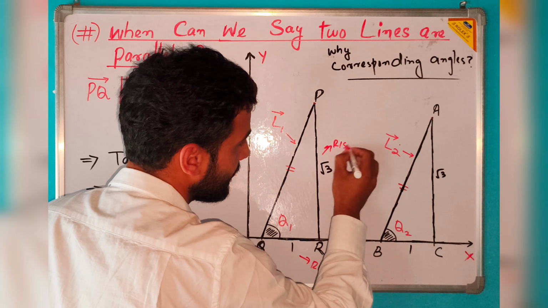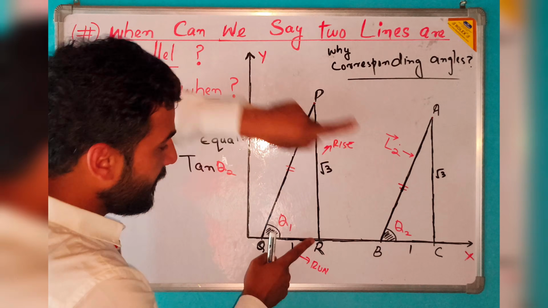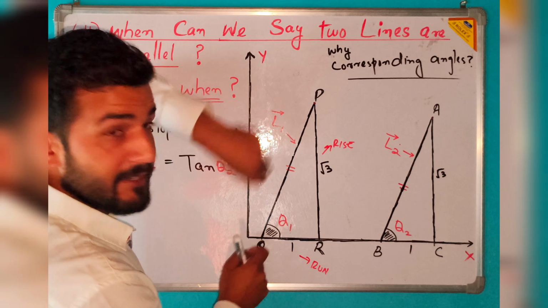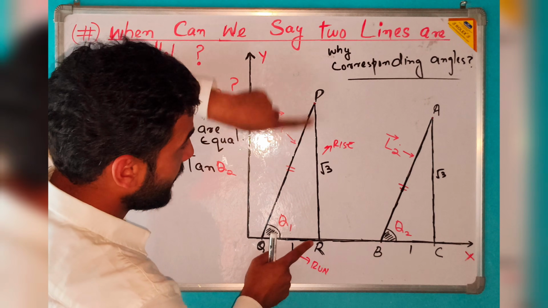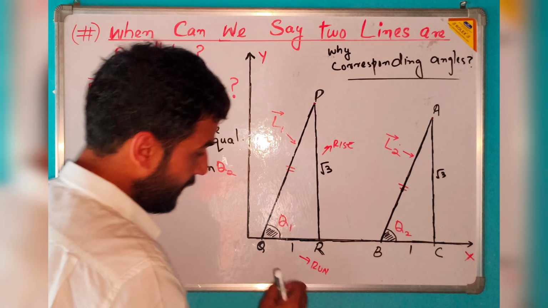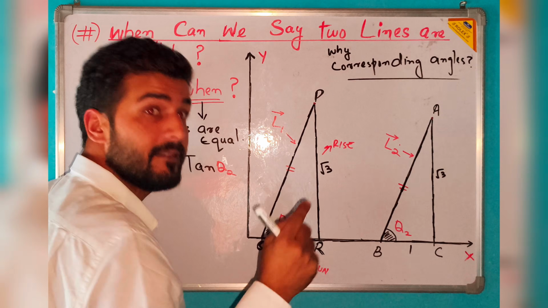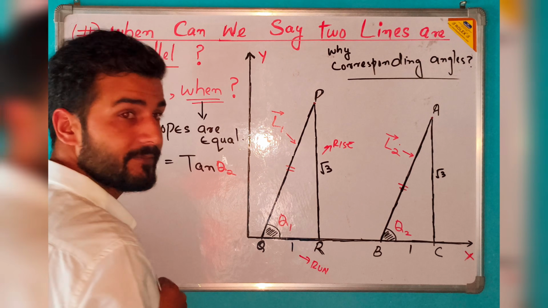It is the rise. From rise, we mean the elevation of the line along the y-axis, that is, elevation is PR. And from run, we mean the distance along the x-axis.